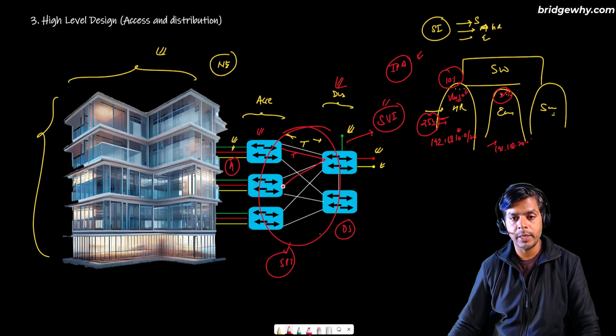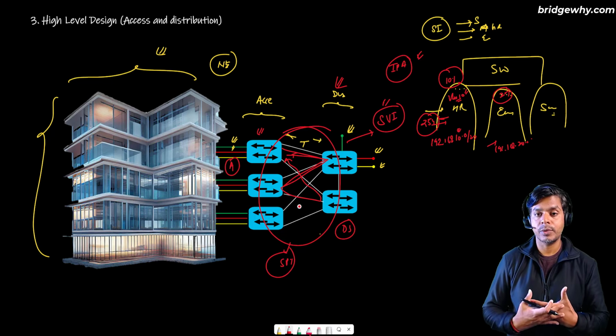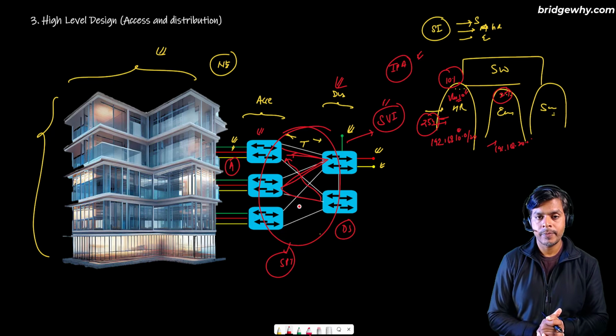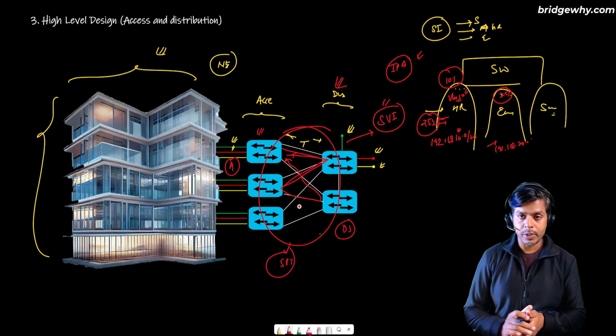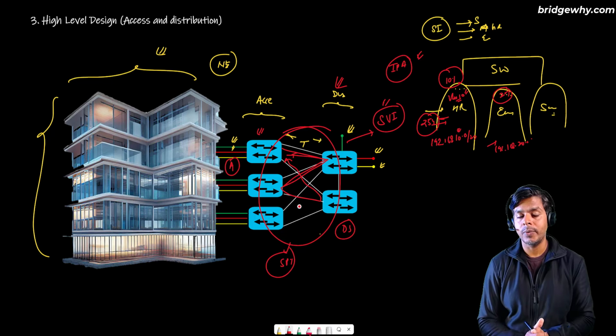From here to here, or maybe from here to here to here to here, and then coming back. So loop is there in the network, and because we have Cisco switches, this spanning tree protocol will be working on its own, right?